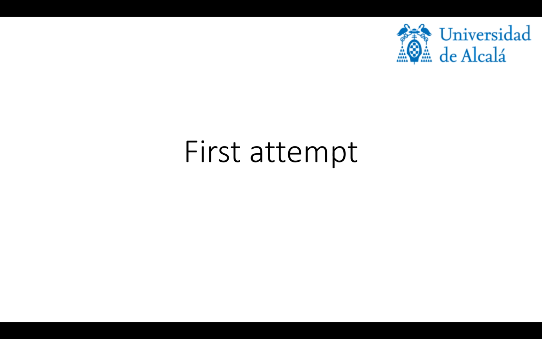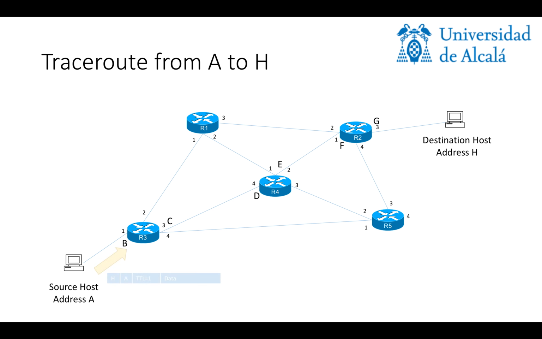As you probably remember, Traceroute makes a number of attempts to send the packet to the destination with increasing TTL values. So we're going to see the first attempt, and in this first attempt, A is going to send an IP packet to H with a TTL value of 1. So this IP packet is going to reach router R3, and router R3 is going to decrement the TTL value to 0, and since it has reached 0, it will simply drop the packet.